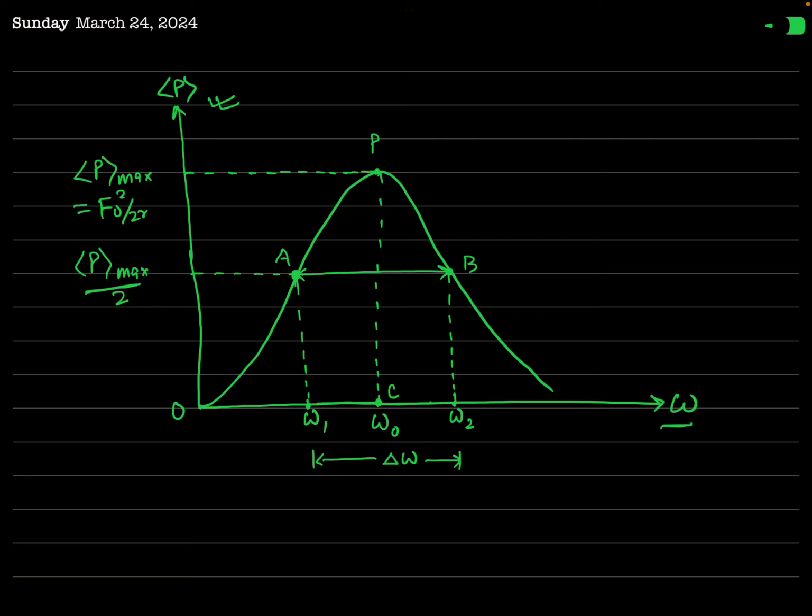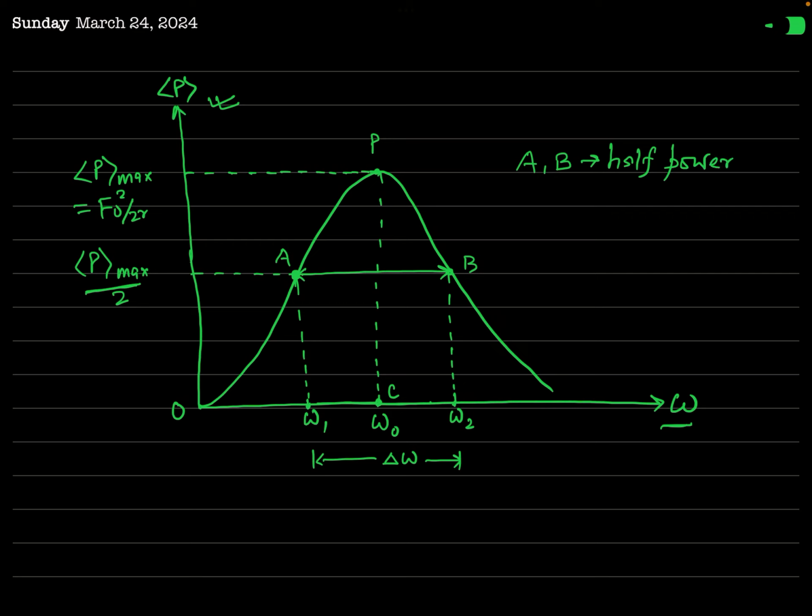It means on the frequency response curves there are 2 points corresponding to which power extracted by the oscillator is half of the maximum power. Actually, such 2 points are called half power points. So in this figure, A and B are half power points.